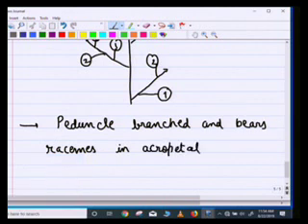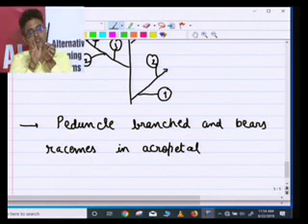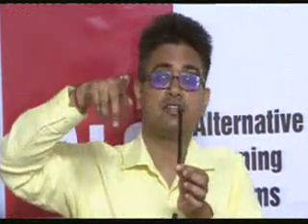Acropetal succession, I told you, acropetal means like a tree. Like a tree has branches coming out. Older branches are at the base, younger branches are at the top. So that is called acropetal succession. Leaves are always generally born in acropetal succession. So this is the peduncle which bears branches of racemes in acropetal succession.